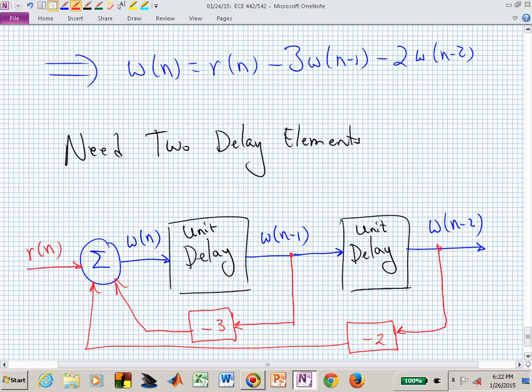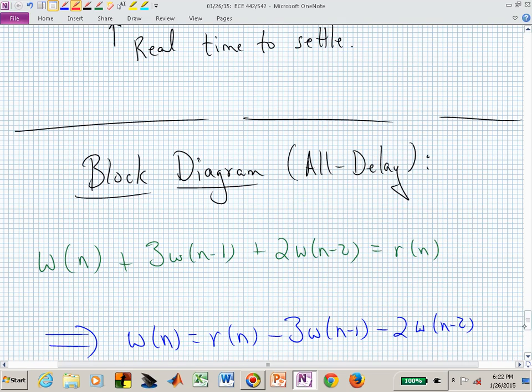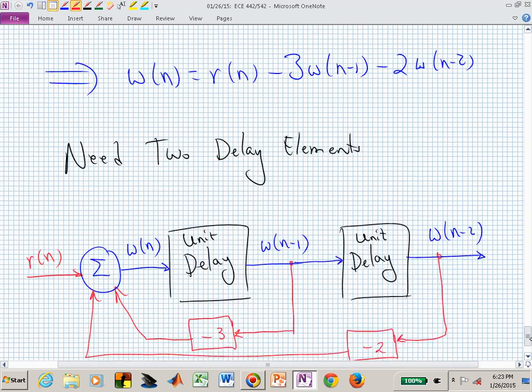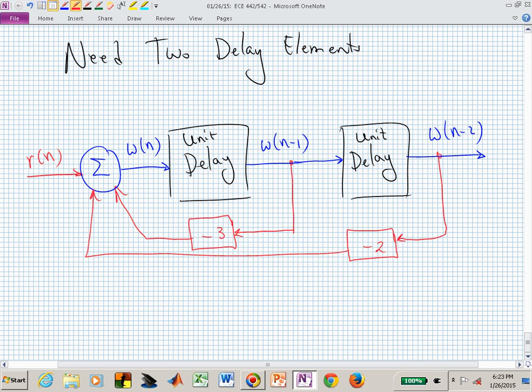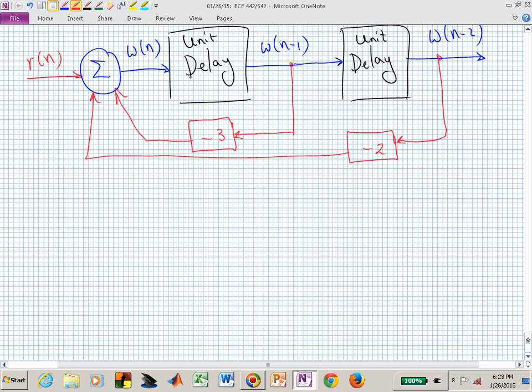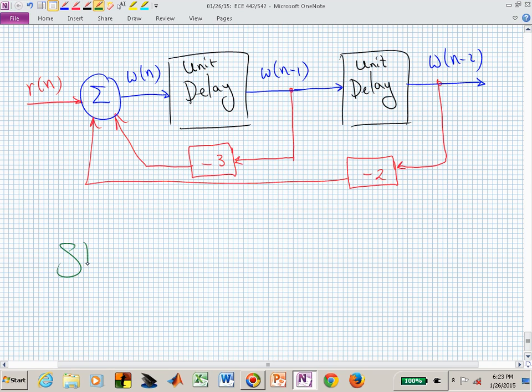Suppose now somebody says, well, I want a state space representation associated with this green difference equation. We're almost there if we've already produced a block diagram. How did we generate a state space representation if somebody gave you an all integrator block diagram?